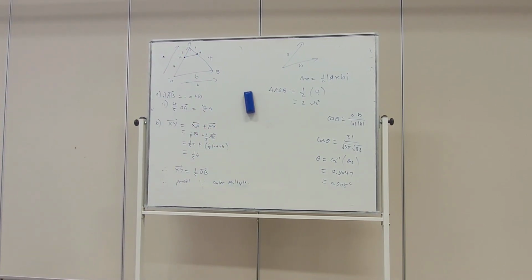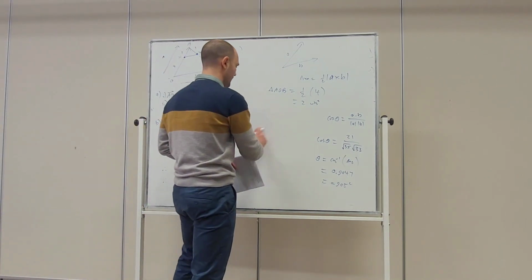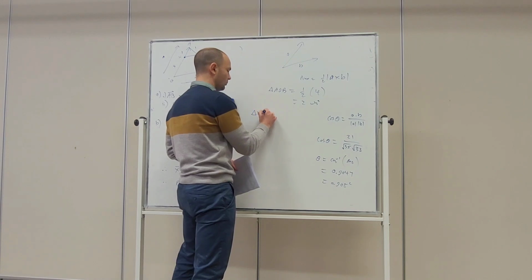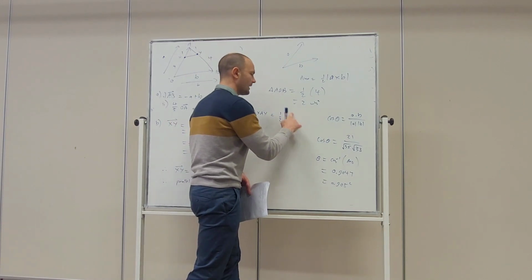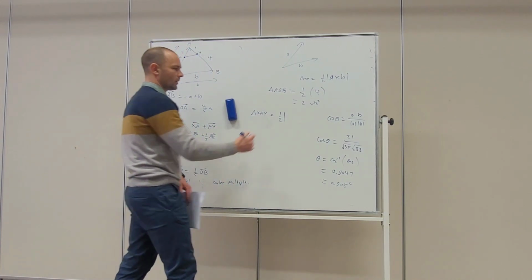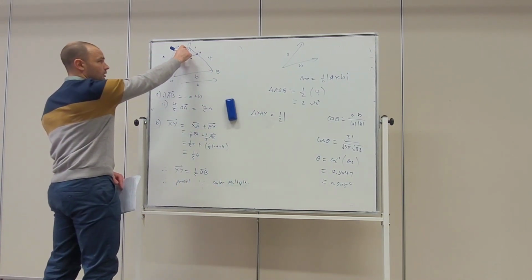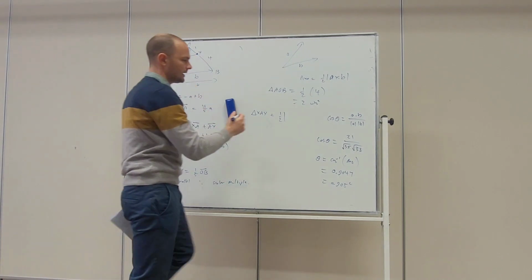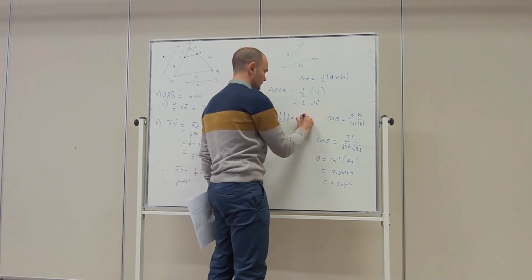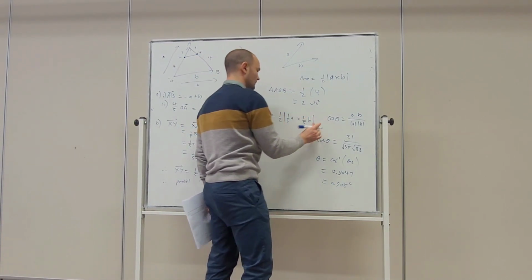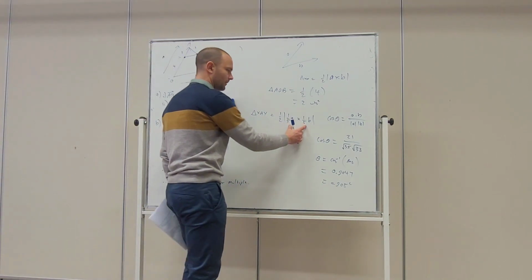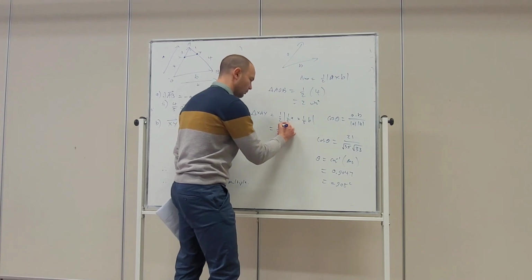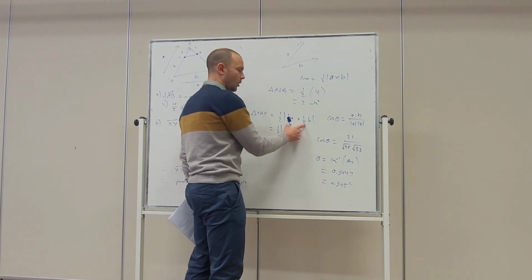What about triangle XAY? If we want to know the area of triangle XAY, it's equal to half the modulus of 1/5 of A cross 1/5 of B. It's not a common factor, we're multiplying them together.